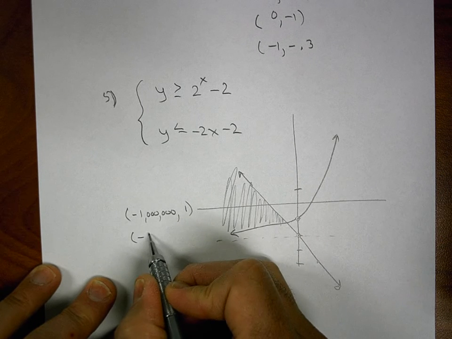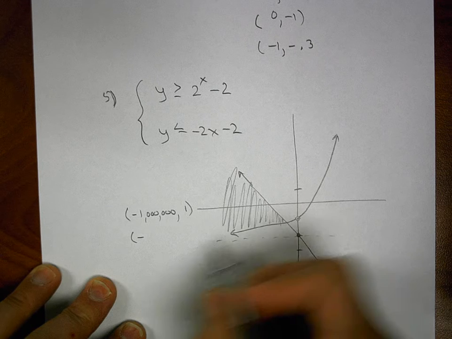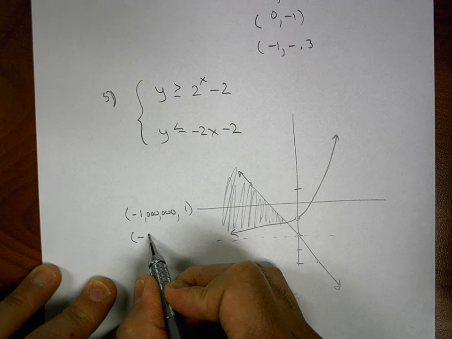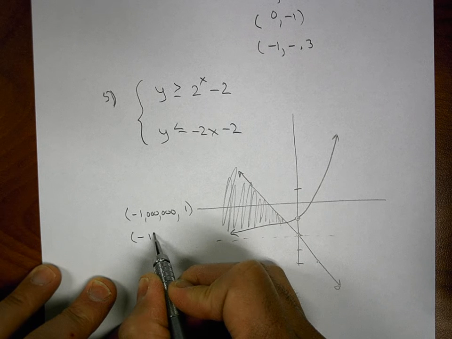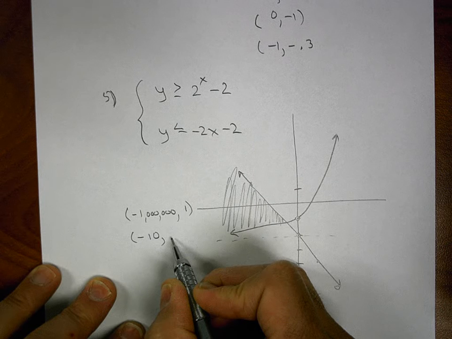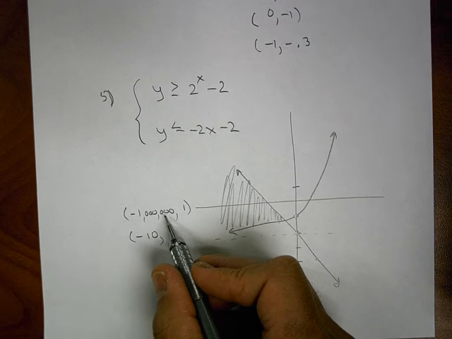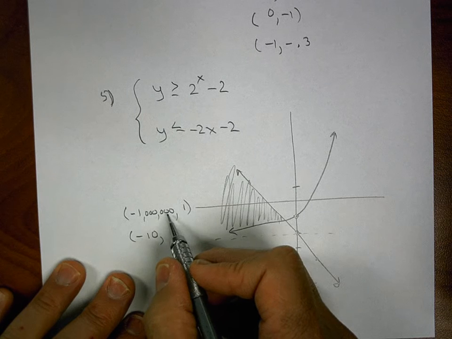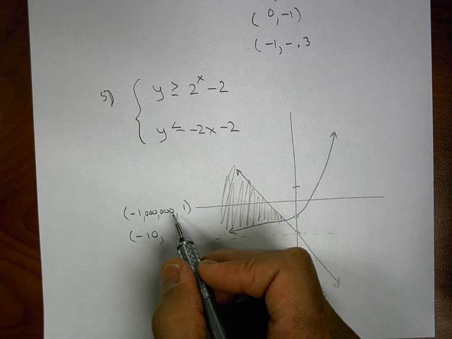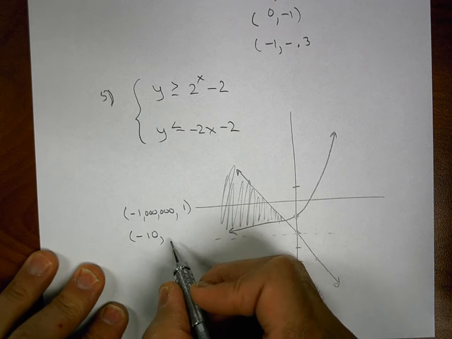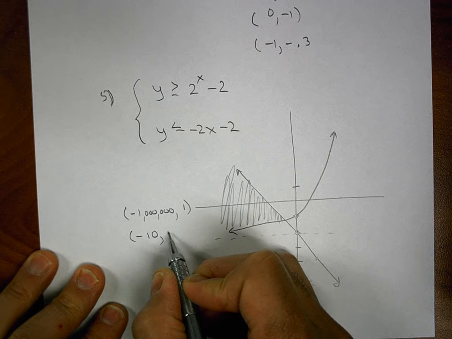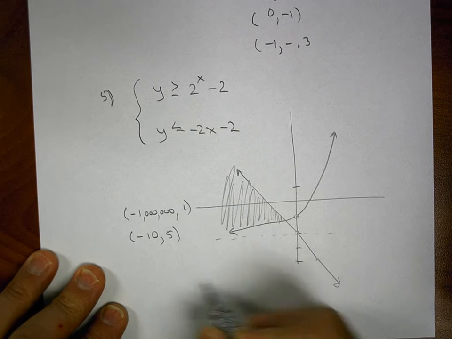Well, anything that's in the shade. So how about negative a million and 1, comma 1? Yes, we know what you're saying. Negative 10, comma 5. I'm positive that's in there as well.